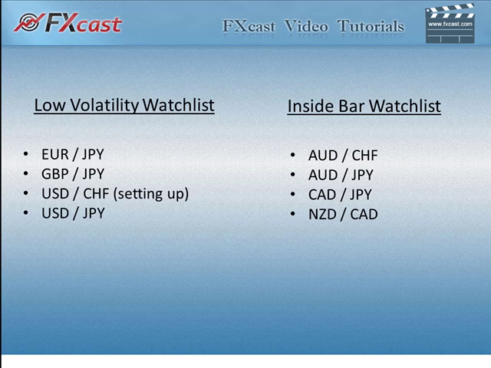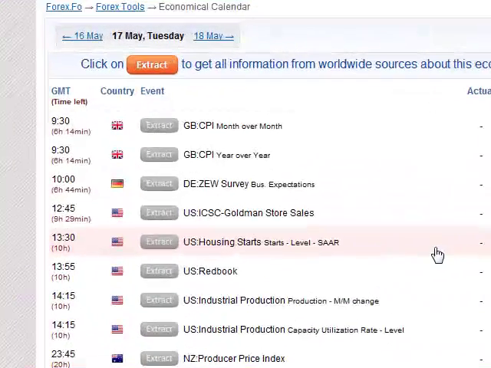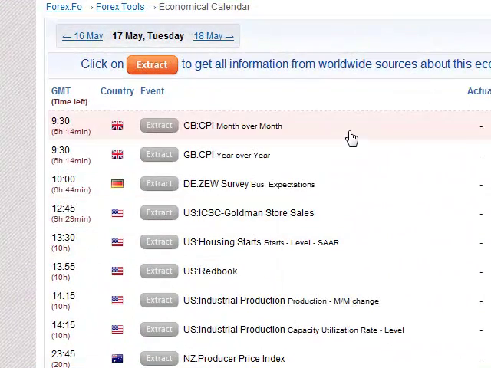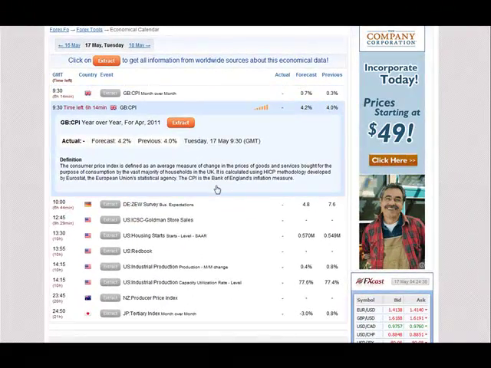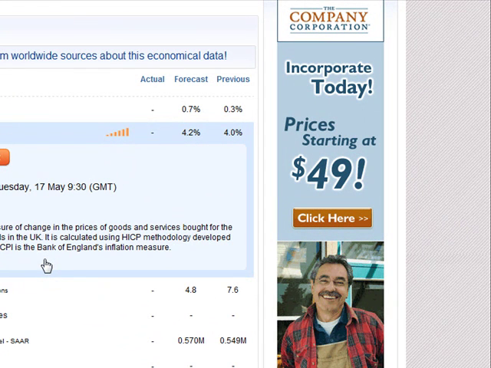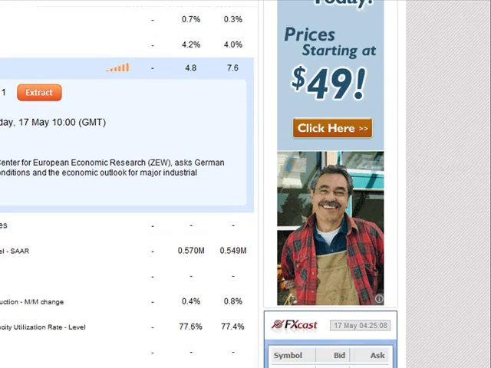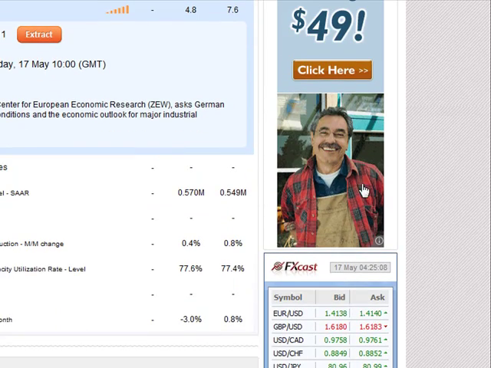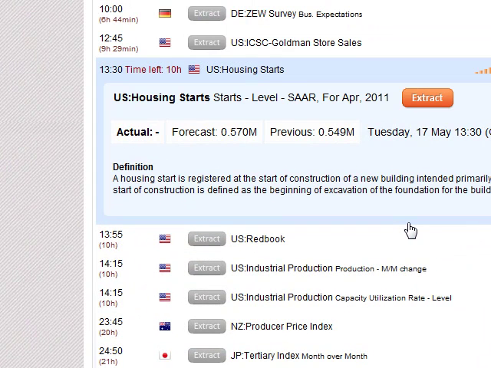Let's take a look at the economic calendar. As we look at our economic calendar, we can see for Tuesday we have some inflation data for the pound, CPI and CPI core for the pound. We have the businesses giving some of their data about the economy for the German. In the States, we have housing starts.